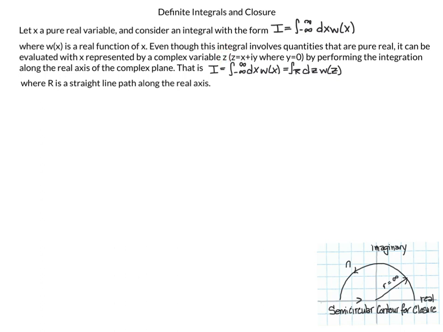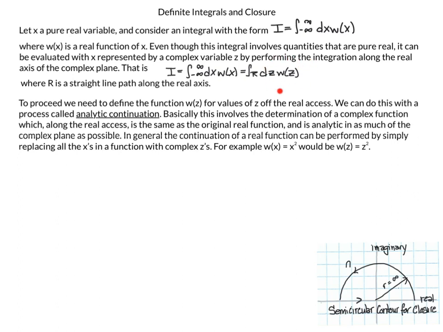In particular, z is the complex number x plus iy, where y is equal to 0. Then we perform the integration along the real axis of the complex plane. That is, our integral becomes an integral over the real axis of w(z) with respect to z. In the picture in the bottom corner, ignore the semicircle on top; we're integrating over here on the real number line.